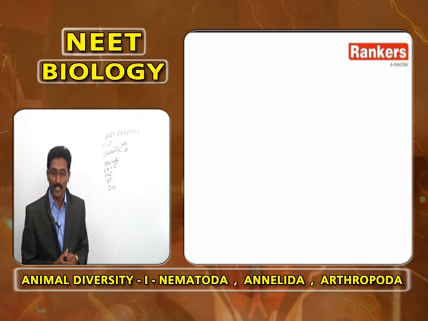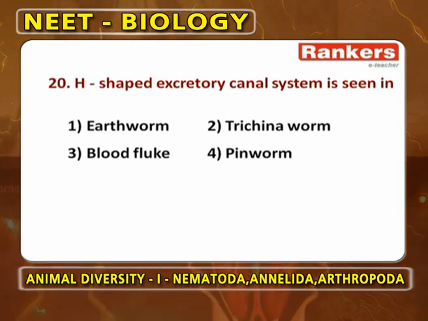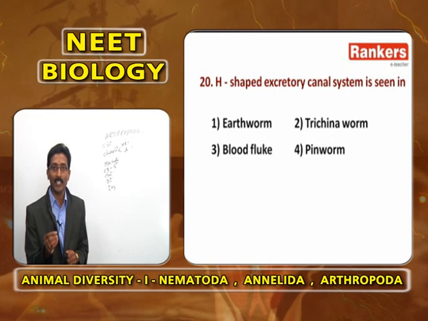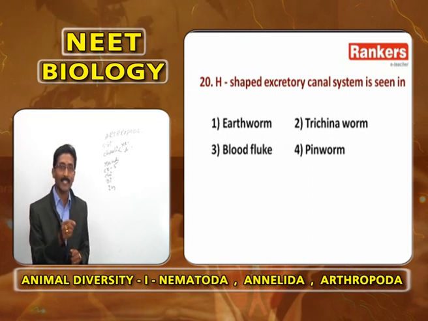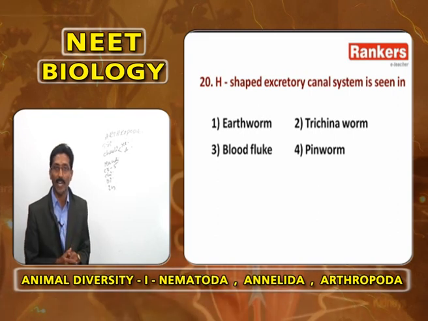Now the next question is, H-shaped excretory system is seen in. In the phylum Nematoda, the excretion is in the form of an excretory cell, Renette cell, or an excretory gland, or an H-shaped excretory canal.